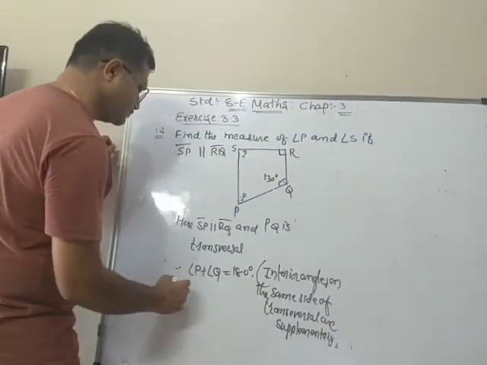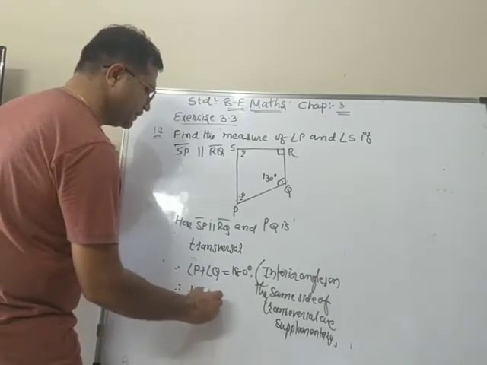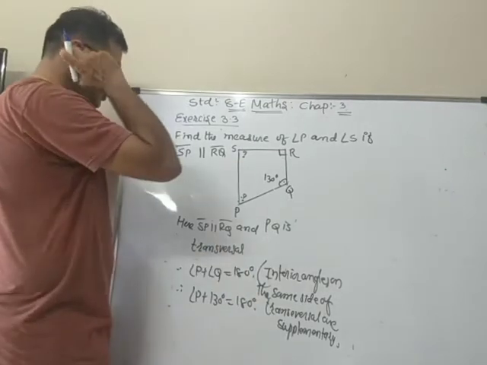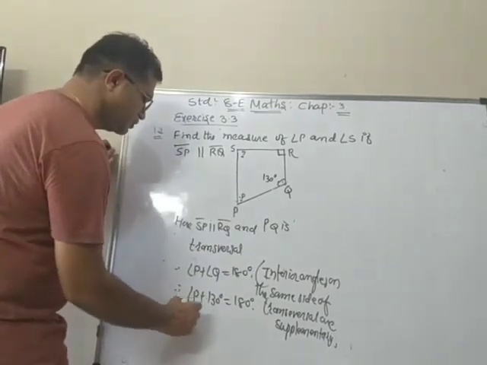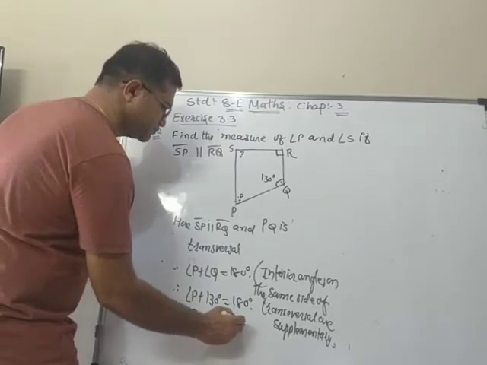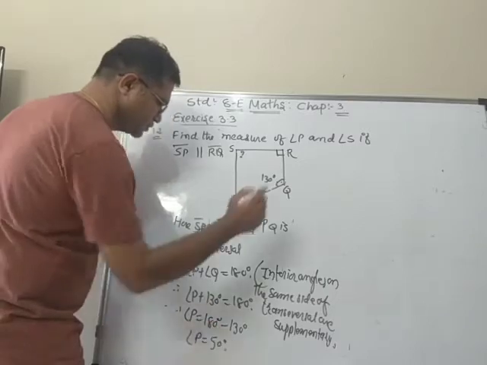So now angle P plus 130 degree is equal to 180 degree. So angle P is 180 minus 130. So we get angle P is 50 degree.